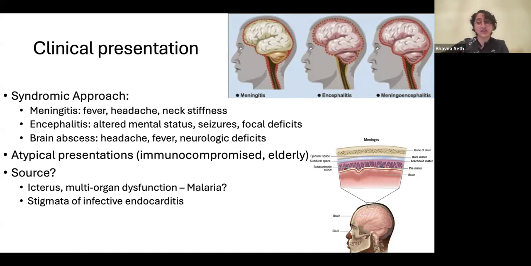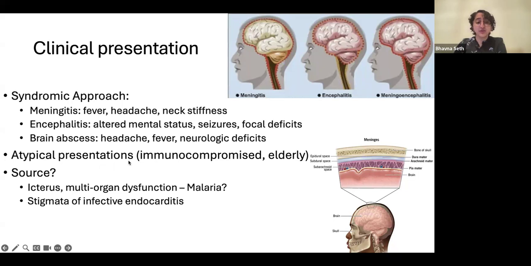If you do start to see altered mental status, often even very subtle things like psychiatric symptoms or just feeling fuzzy, all of these things can be signs of encephalitis or eventual cerebritis from the meningitis or encephalitis itself. And then brain abscesses often have a focal neurological deficit depending on where they're located.